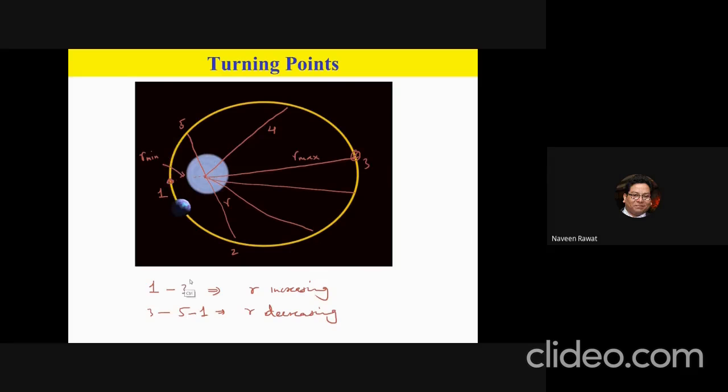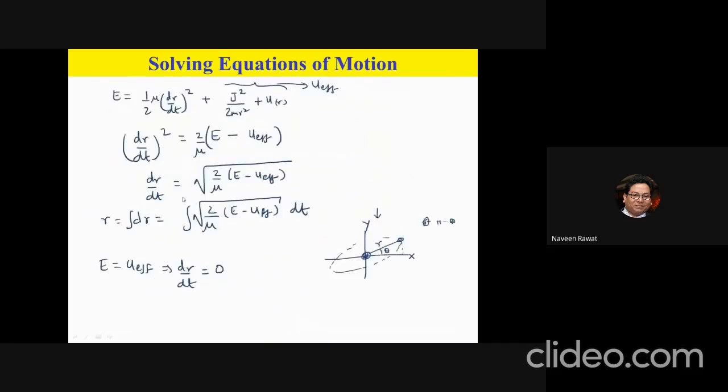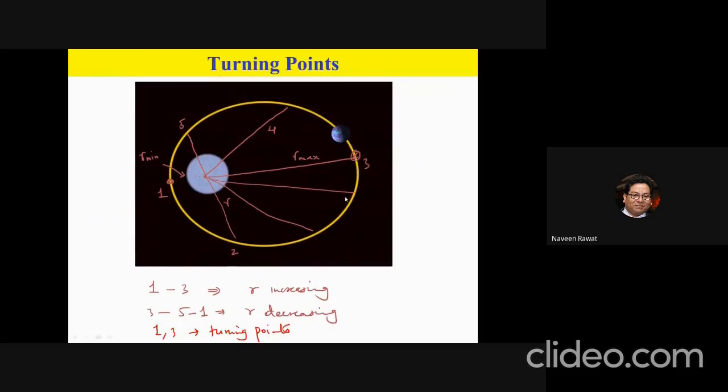So technically speaking, 1 and 3 are called the turning points. Here E is actually equal to your effective potential, and that is what you see from these equations: when E is equal to U effective, dr by dt is actually 0. So there is no change happening at this farthest point, and that is what you can see visually from this motion of the Earth going around the sun.